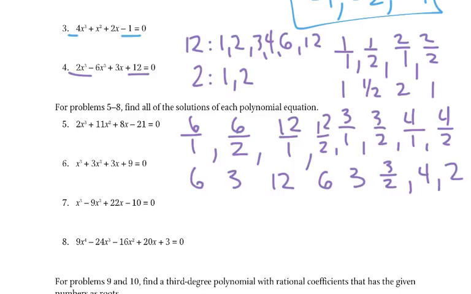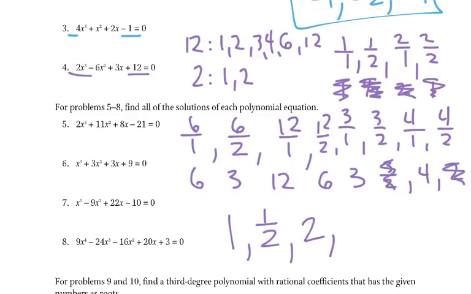So all those that are repeats, we already have them. So we've got 1 already. We've got 1/2. We've got 2. We've got 3/2. We've got 3.